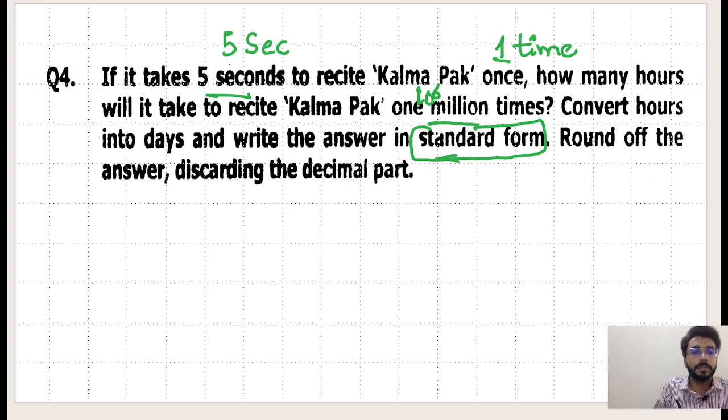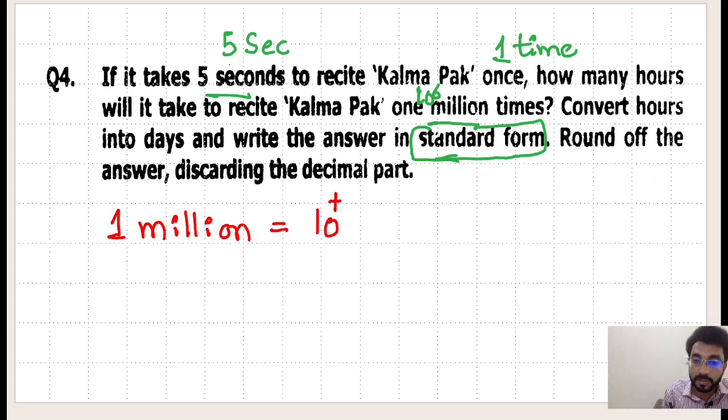So let's start the question. First of all, as we know that 1 million, I'll change the color, take the red color here. 1 million equal to 10 to the positive power 6.